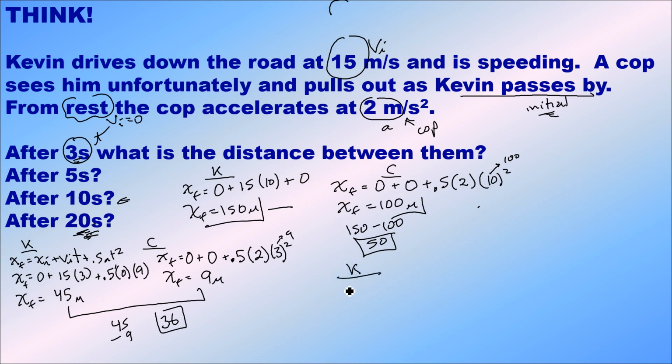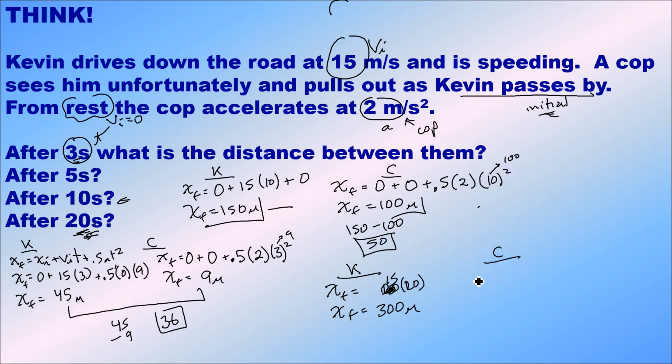So let's do the last one, 20, and we should hopefully see they're getting awfully close, right? So Kevin, and I'm not going to go through the whole explanation here, he's essentially 15 times 20. My bad. So he is going to have traveled 300 meters.